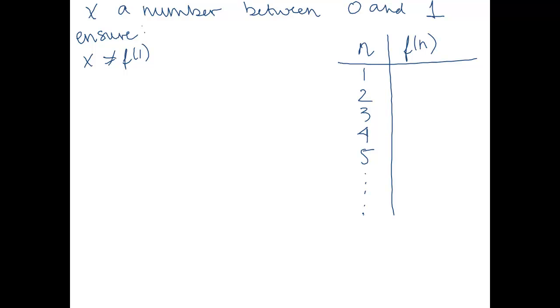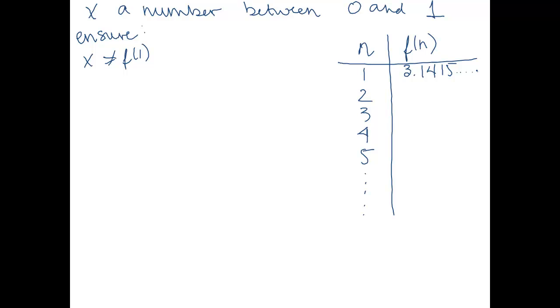All right, and I want to ensure that x is not that number. Well, it must be some number. Let's suppose that it is this number. Once I know that this function exists, I know that this number is some number. Let's just suppose it's that one. This will work even if it's any other number. Okay, and you'll see in a minute.